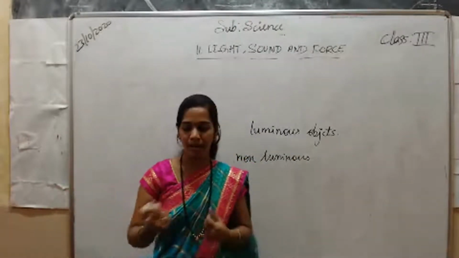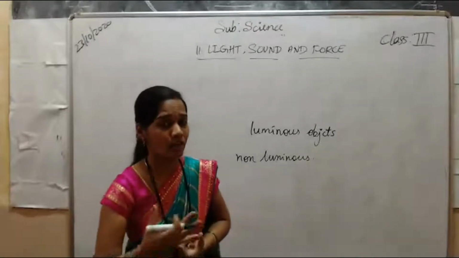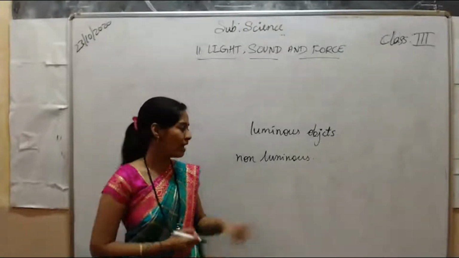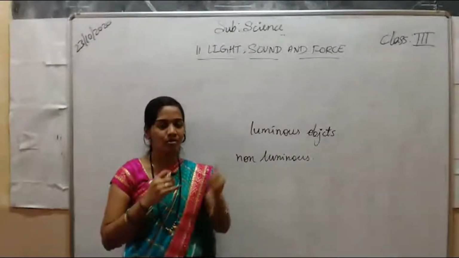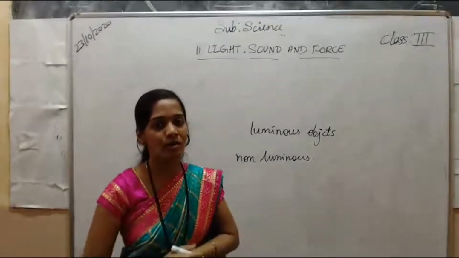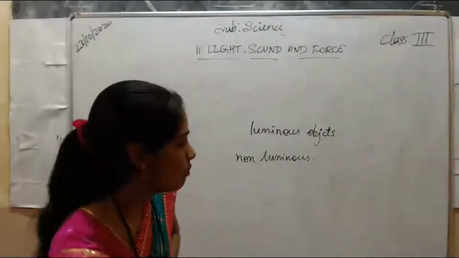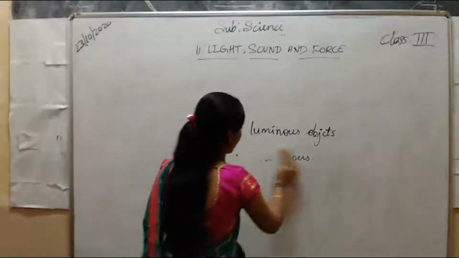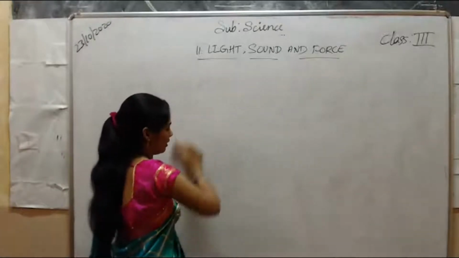For example, a pen, a book, any object you take which cannot give light, those objects we call non-luminous. Luminous means they give light, for example, tube light, bulbs, lamps, sun, mobile, torch. In this way, so many luminous and non-luminous objects are there. You can find out other things also.